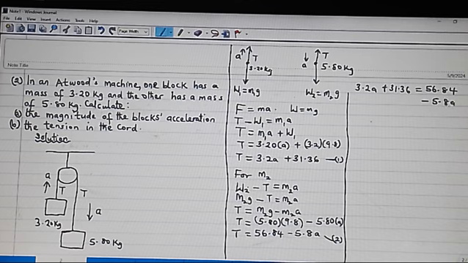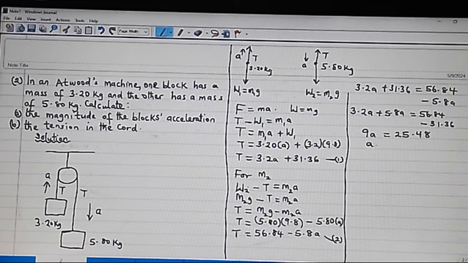We take like terms to one side. We'll have that 3.2A plus 5.8A is equal to 56.84 minus 31.36. So this gives us 9A is equal to 25.48.